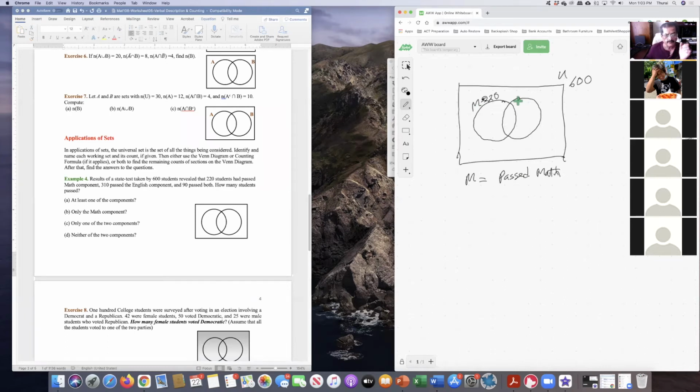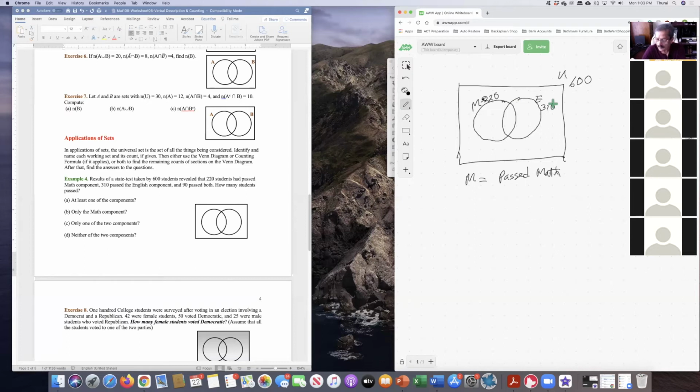If you don't follow that rule, you can end up messing up everything. So the number of students who passed English, I'll call it E, and there are 310, so I'll put that 310 here. And then 90 passed both. Where do I put that?